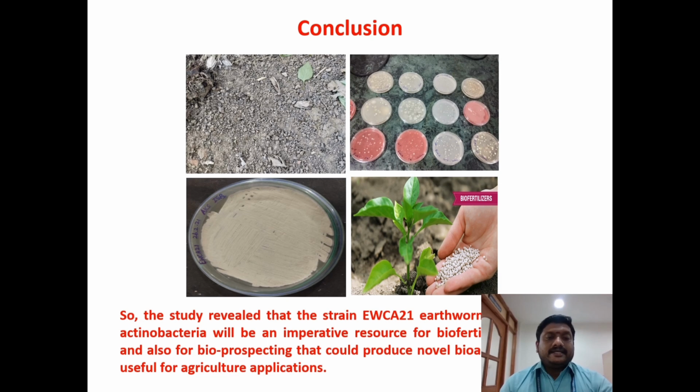The study revealed that the strain EWCA21, earthworm cast associated actinobacteria, will be an imperative resource for biofertilizer production and also for bioprospecting that could produce novel bioactive compounds useful for agriculture applications. Our work is still in progress.